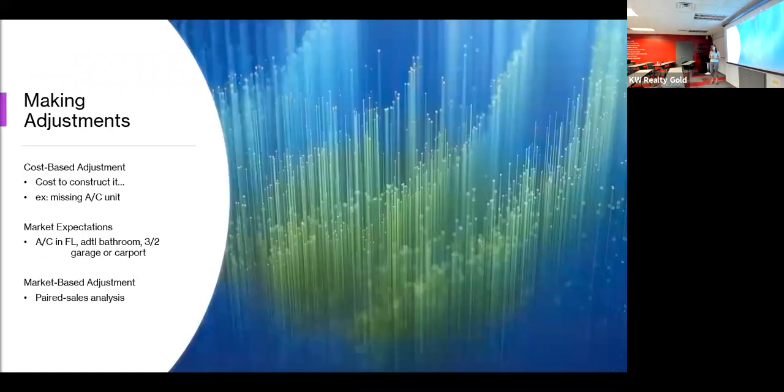Adjustments. So there's different ways to make adjustments. There's a cost-based adjustment. This is what everyone wants to use that actually has done updates to their house, but it's not what's usually used. So cost-based is something that is normally anticipated to be in the home that isn't there and should be there.